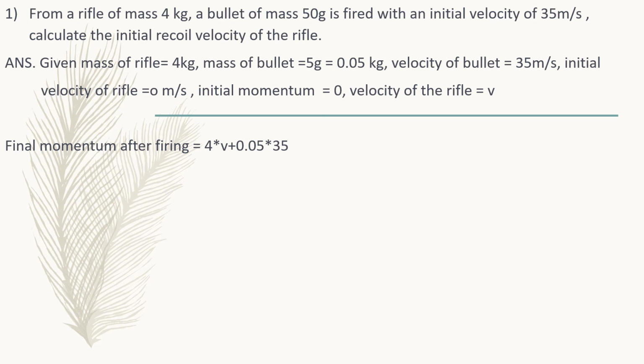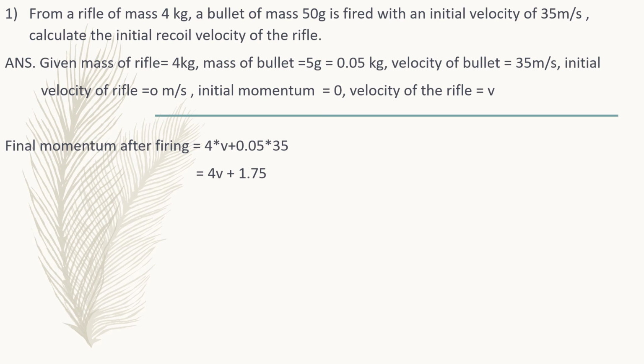So that final momentum after firing is equal to 4 into V plus 0.05 into 35. So after solving this, we get 4V plus 1.75.